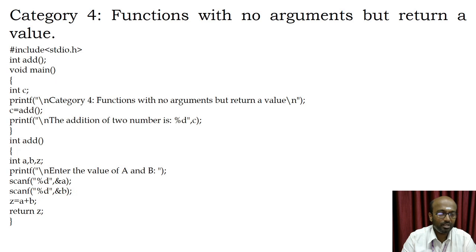In the function definition, we have three variables being declared, a, b and c. Input of two variables a and b is received and it is calculated and stored in z, and the value of z is returned back to the main function and stored in c, and the value is printed.